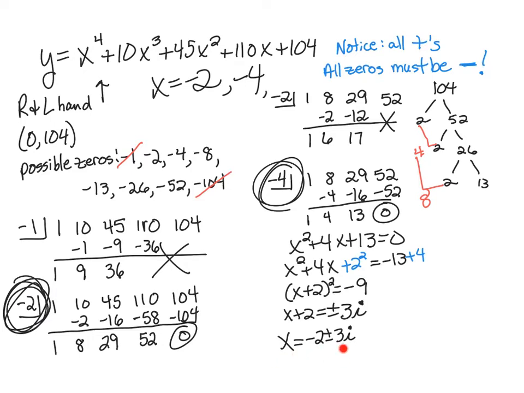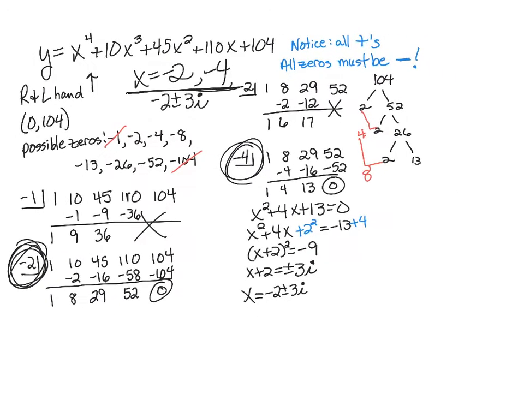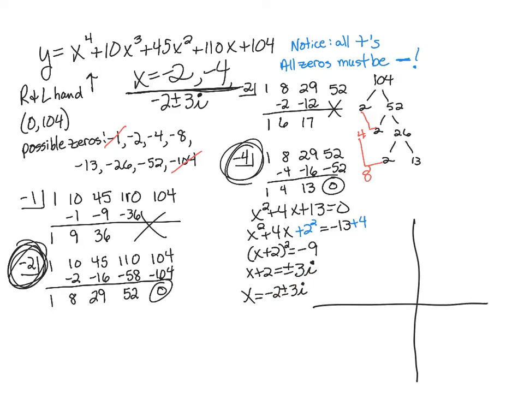I can't graph these. It just indicates that there's something going on with my graph. I'm going to list it because I'm finding all of the zeros, real or complex, and only graphing the real ones. All right, so here we go. These guys just show me that it wobbles somewhere.